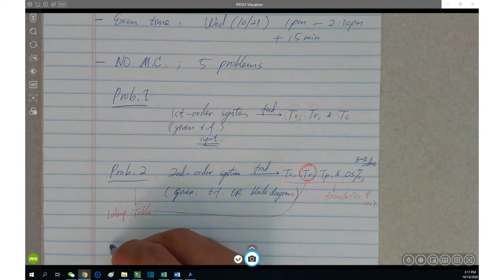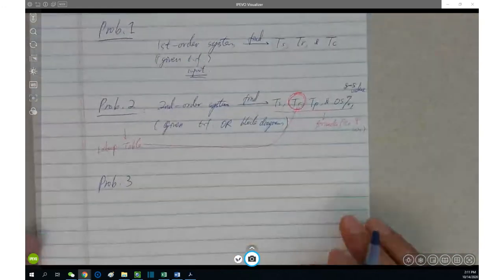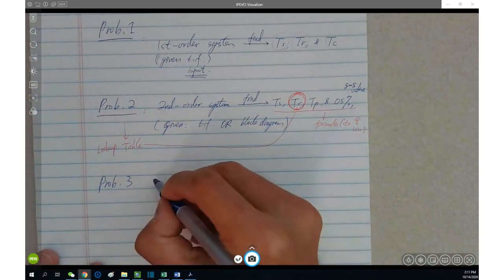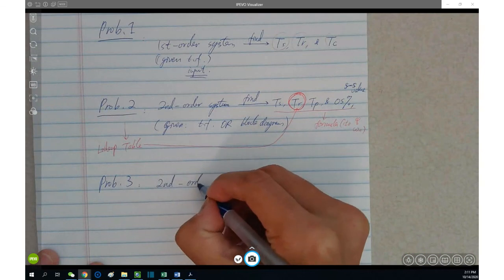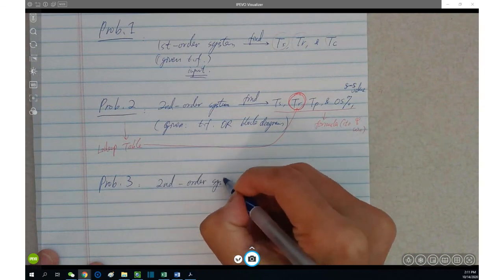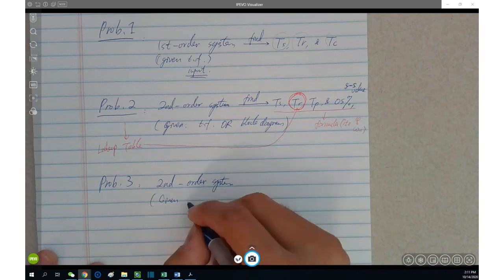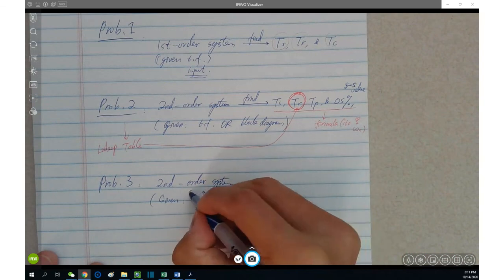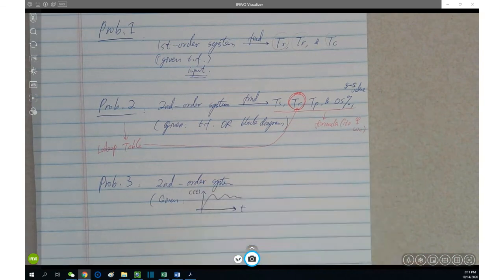Problem 3. Problem 3 is probably a little bit new, but it shouldn't be very difficult either. It's still about the second order system. But this time, the given is not a transfer function, but the output signal graph.